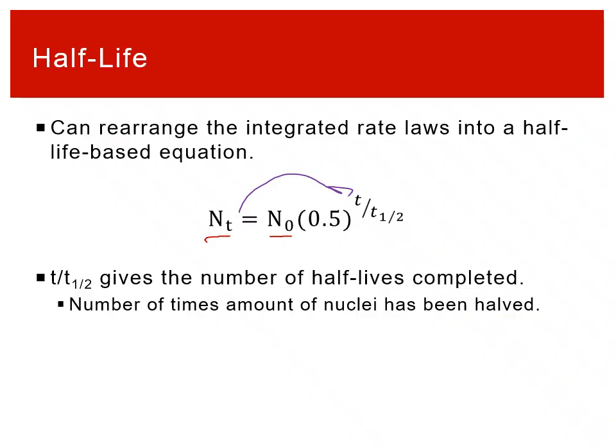So t divided by t 1/2, your total time divided by the length of a half-life, corresponds to the number of half-lives that have elapsed, right? 1, 2, 3 half-lives, and so you multiply 1/2 to that power. Every time you do a half-life, you lose another factor of 0.5.